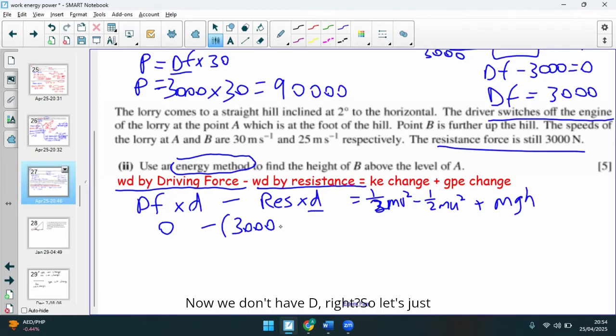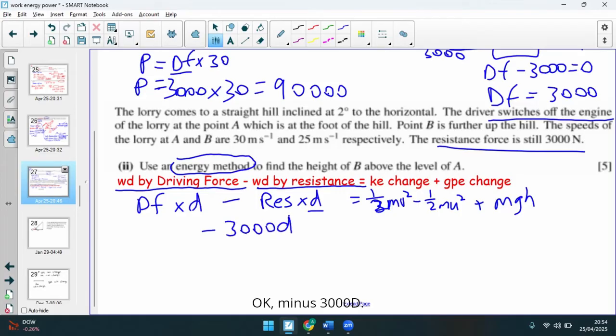Now we don't have d, right? So let's just keep that as d. Okay, 0 minus 3000 d. I'm going to write this slightly better. Okay, minus 3000 d equals half mv squared minus half mu squared.